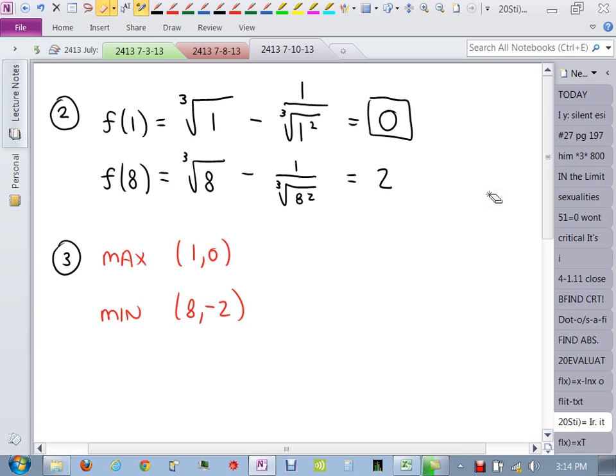Good call. 2 minus 1/4, so the denominator is 4, which is 7/4. Which changes this. Well, it changes everything, doesn't it? Because our max and mins are backwards now, aren't they?